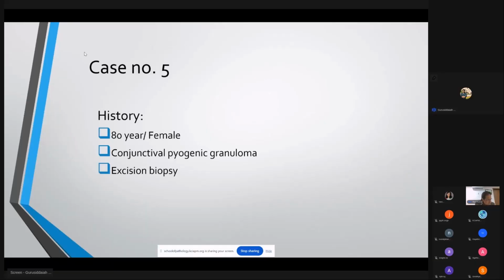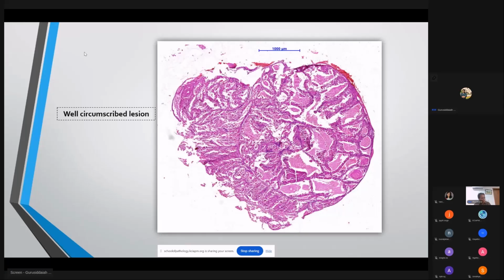So the history given was of an elderly 80-year-old lady who was clinically diagnosed with conjunctival pyogenic granuloma and underwent excision biopsy. While studying the slides, we see a well-circumscribed lesion at low power.